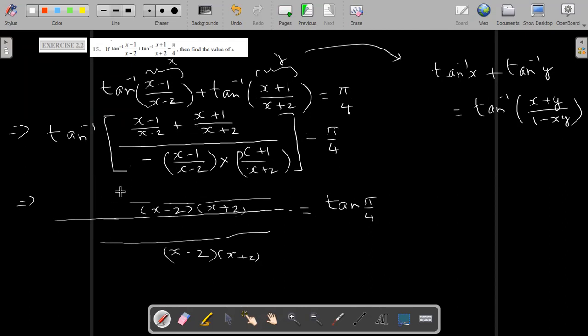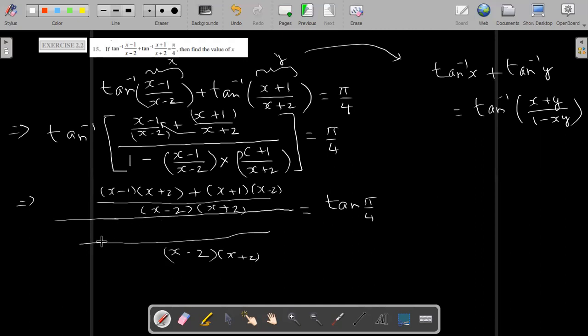When you take this LCM, your first term (x minus 1) will multiply with (x plus 2), so (x minus 1) into (x plus 2), and (x plus 1) will multiply with (x minus 2), so (x plus 1) into (x minus 2).